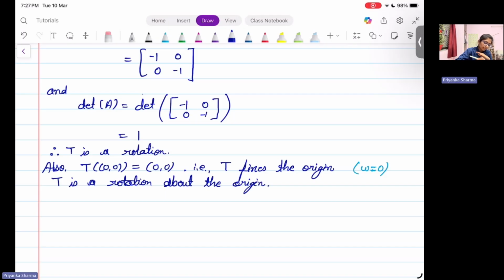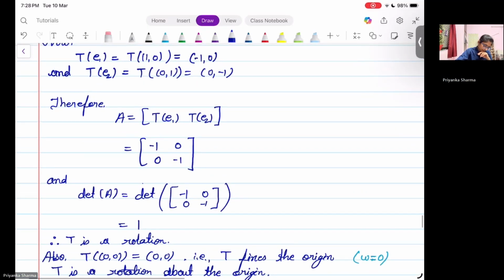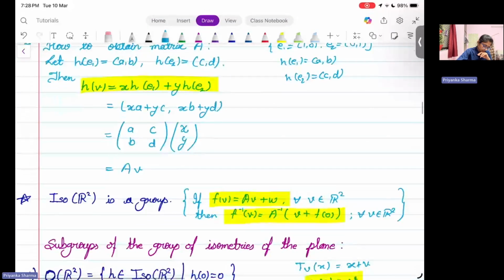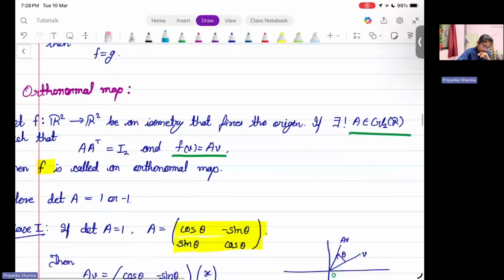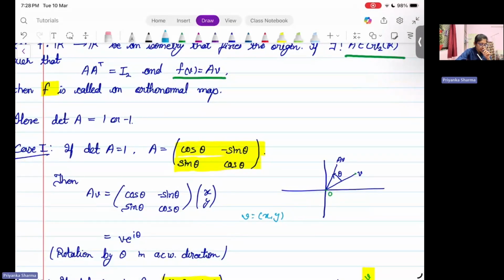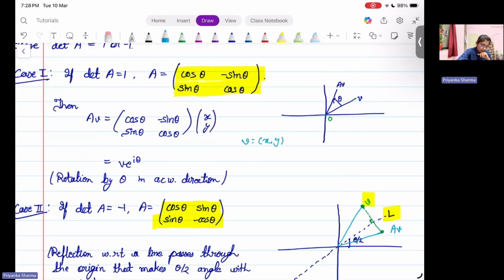Now we need to find the angle of rotation. So consider this matrix. Okay, so come to this, as we need to compare. This is the matrix in the case of rotation: cos theta, minus sine theta, sine theta, cos theta.